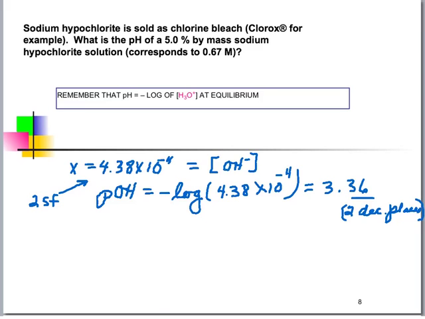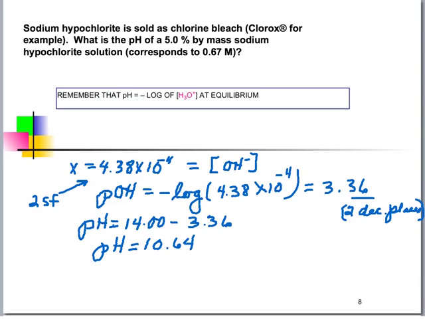That's pOH. We need pH. pH is going to be 14 minus the pOH, which is our 3.36. So our answer for pH is 10.64. We might look back and say, does that make sense? Because we had a base.